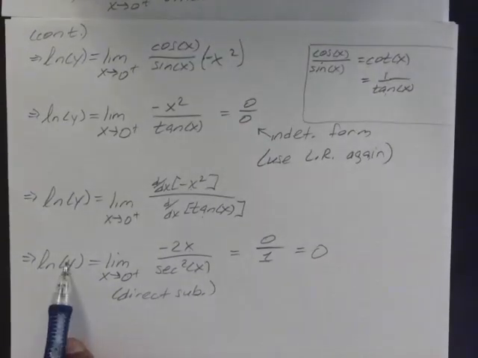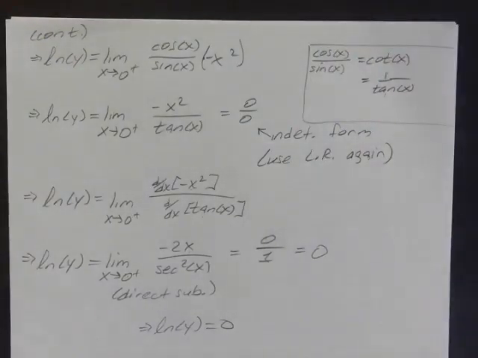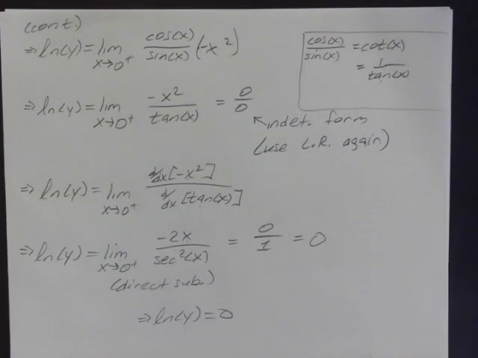So that means that our natural log of y is equal to 0. Oh, move that one out the way. Okay, which means we're really close to our answer, but we're looking for the value of y, not the natural log of y.